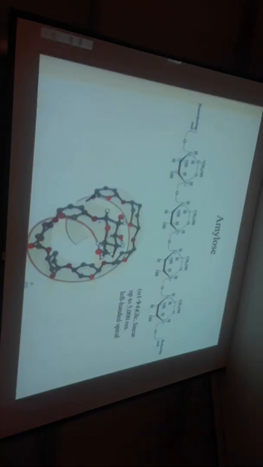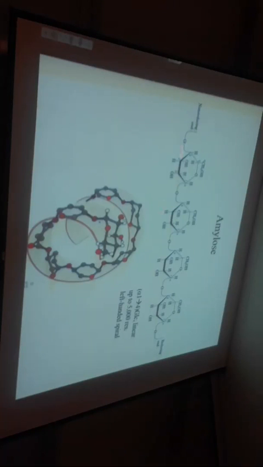Okay, so a simple one is amylose, where we just continue pretty much the polymerization that we saw already occur for maltose, bringing in more glucose building blocks and linking these building blocks via alpha-1 to 4 glycosidic bonds to the growing chain.